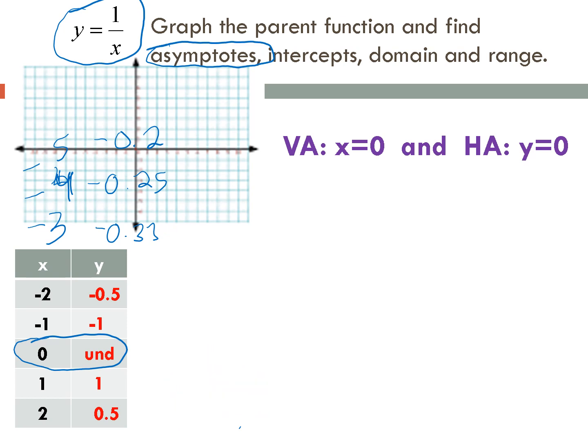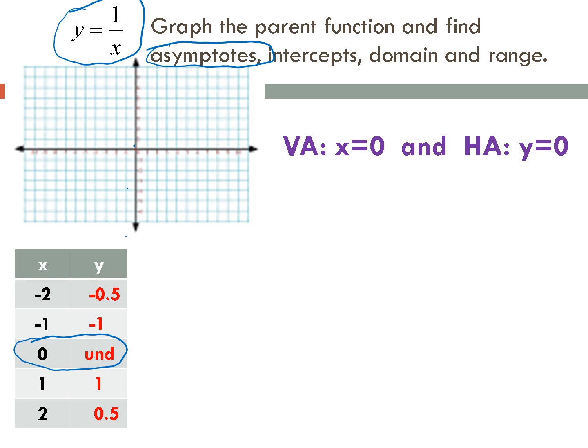Now, the definition of an asymptote is a place where your function is undefined that your graph will never touch. Again, it'll get super duper close, like microscopically close, but it will never cross or intersect or touch the vertical and horizontal asymptote. Never, never, never.